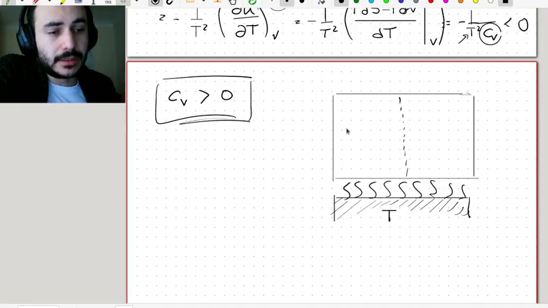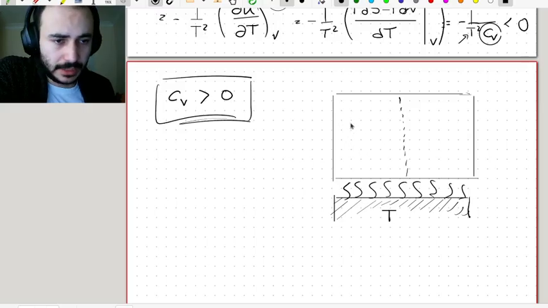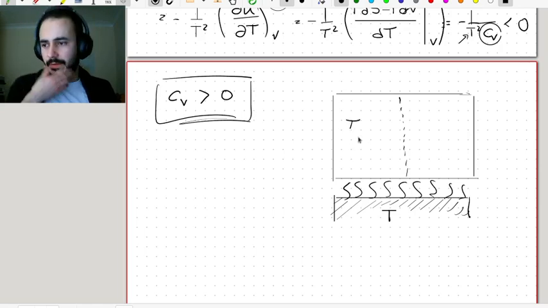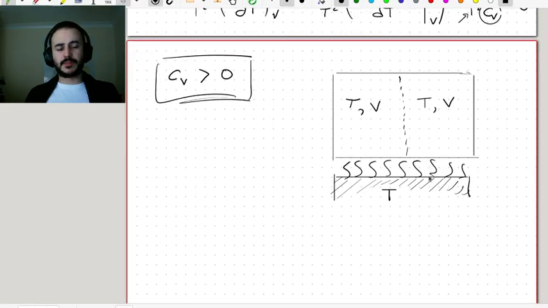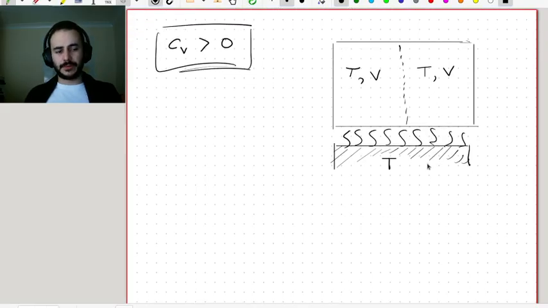And again, this bit here on the left will have temperature T and volume V, and on the other side, because I'm in equilibrium, I have the same temperature and the same volume, because I'm splitting the system into 2 halves. Okay, fine.